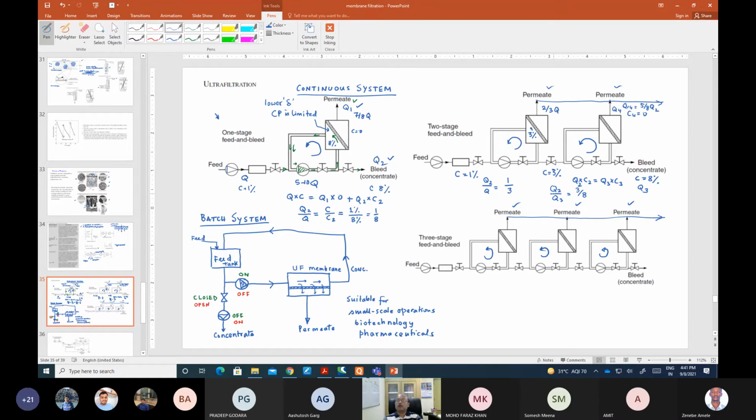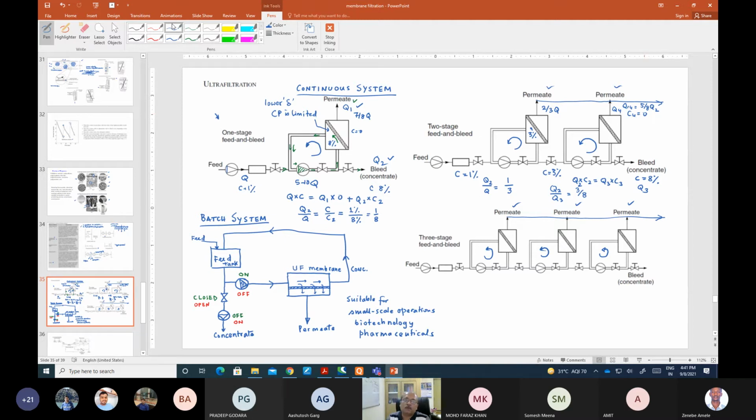So this is how you can try doing this, and obviously you can understand that the modules in the first stage operate at a concentration of 3%, and so it will have higher membrane flux than the one-stage unit, and in the second stage also it will have a higher membrane flux.